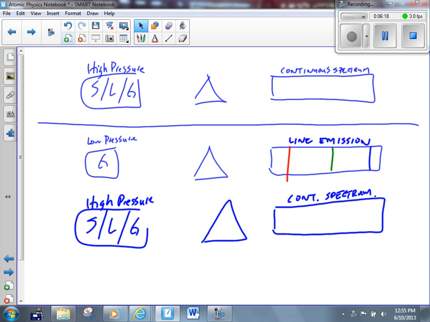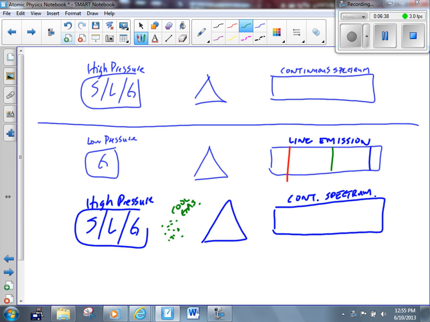But when we introduce this cold gas here, some of that white light that came off of this solid, liquid, or gas at high temperature and high pressure is absorbed by the cool gas. Electrons in the cool gas jump to a higher level by absorbing some of this EMR.